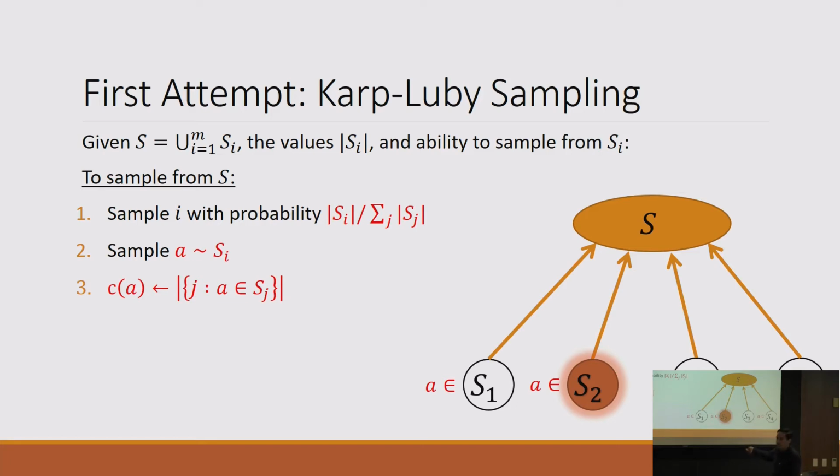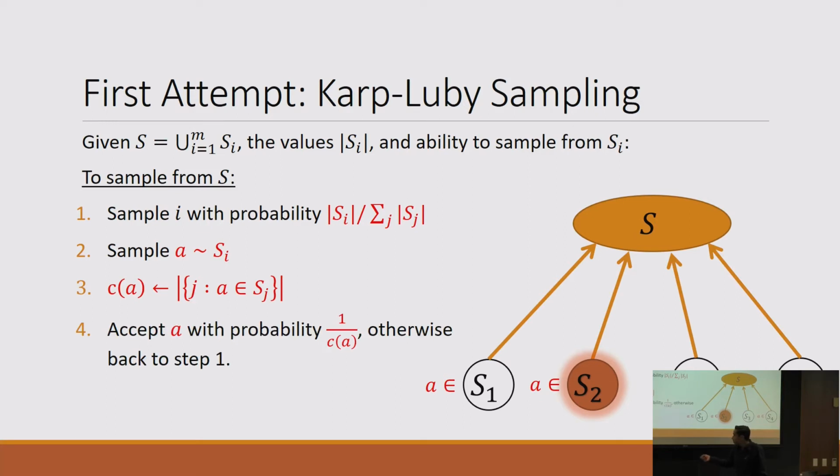But I want a uniform sample, and some other elements may have been in only one set, so they would have had only 1 chance to be sampled. Here, A had 3 chances to be sampled, so I need to reject it so that it's not oversampled with too high a probability. I choose to accept it with probability 1 over the number of times it's overcounted. Otherwise, I reject it and do this again. In this case, A was overcounted 3 times, so I keep it with probability 1/3. Otherwise, I throw it away and repeat.